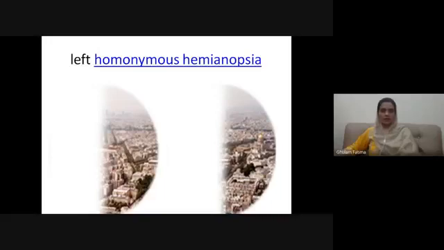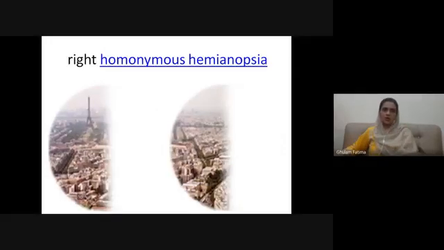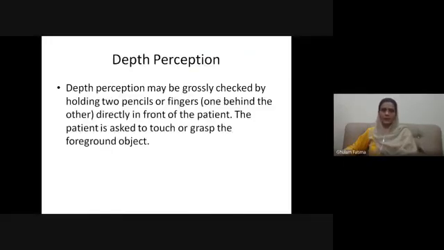So in left homonymous hemianopsia, on one side your temporal field and on the other side your nasal field is missing. Opposite to that, this is right homonymous hemianopsia. For the right side of the eye, your nasal field, and on the opposite side your temporal field are missing. So these are the observable defects in the fields.